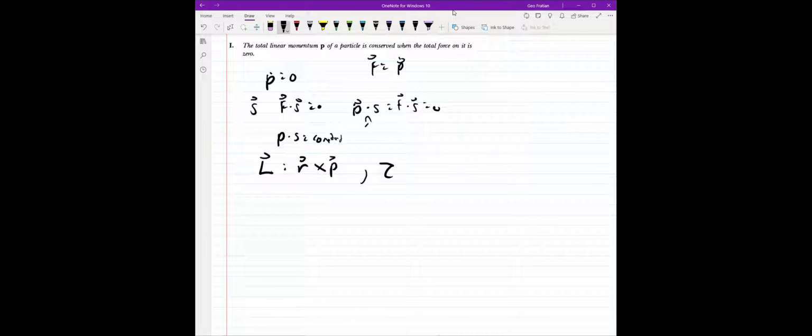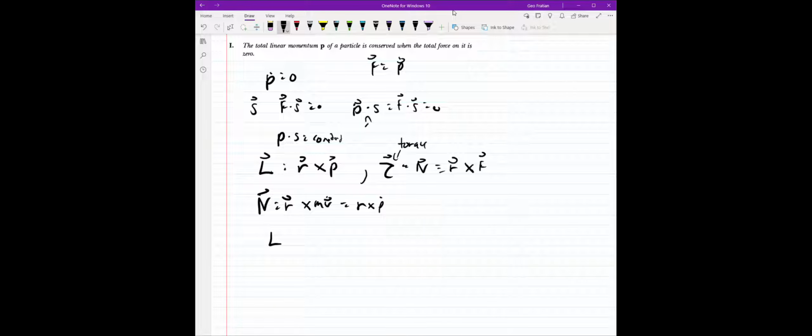Torque is equal to N, which is defined as r vector cross your force vector, which you might know as RF sine theta in lower division classes. That tells us then that N, or torque, is equal to r cross m v dot, so m a, which is equal to r cross p dot.